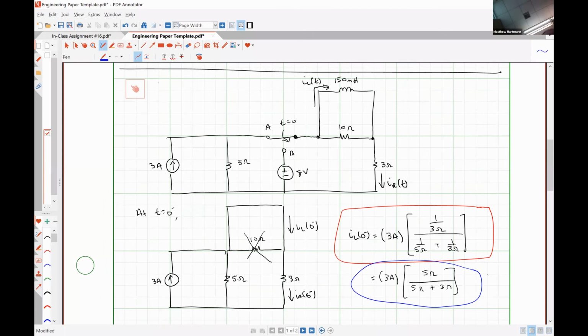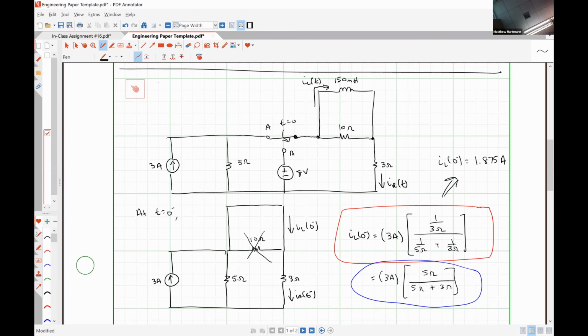So if we evaluate that, and I'll do it up here because I ran out of room drawing all this, I'll find the IL at 0 minus, so 3 amps times 15/8, which is 1.875 amps.